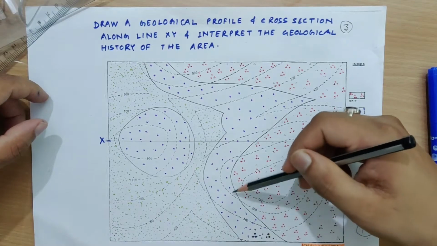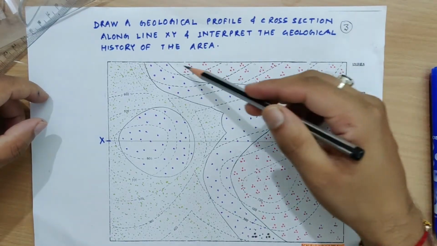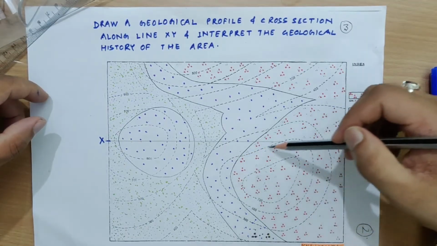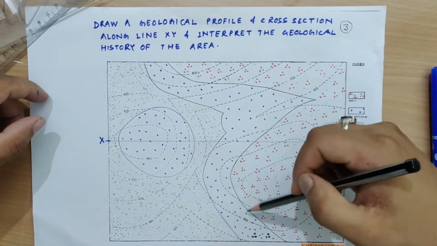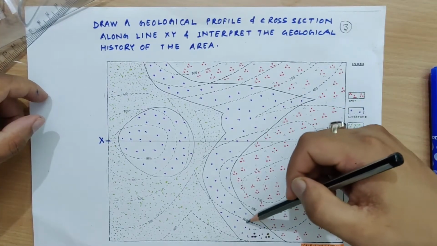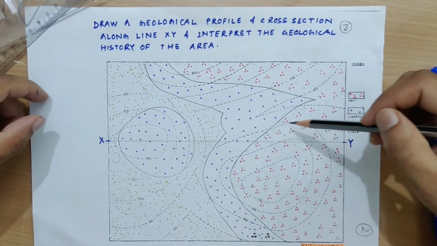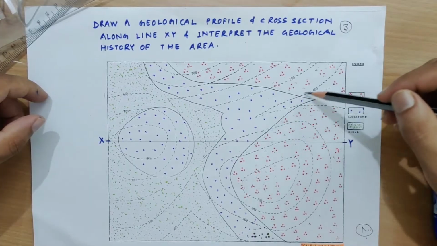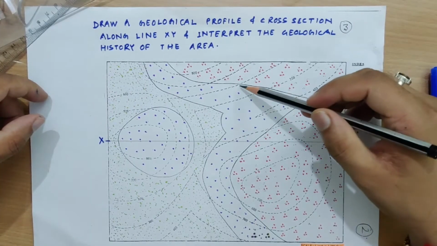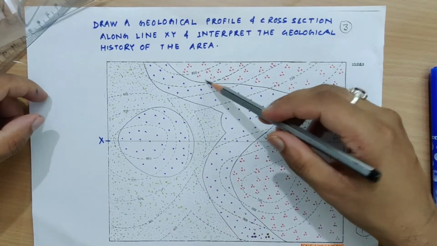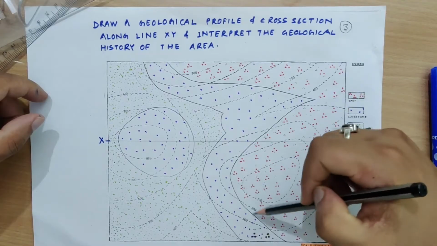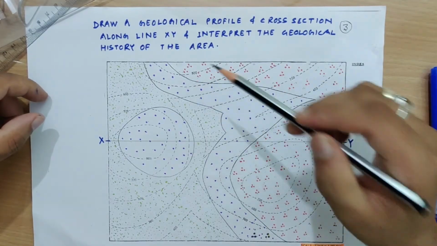For example, if we see this particular trace, here 600 is intersecting this particular trace, and the 500 is intersecting over here, and here the 400 is intersecting the same trace. 500 is again intersecting over here. Here the 600, 700, 800.